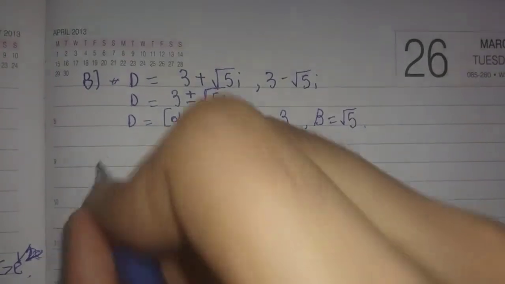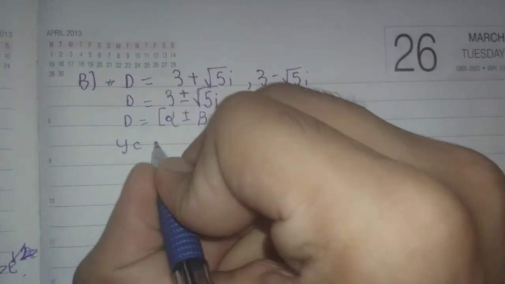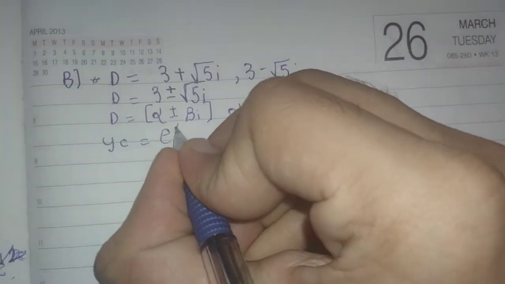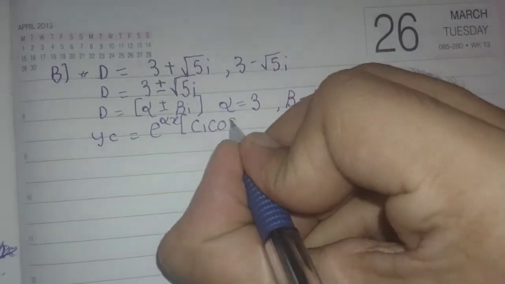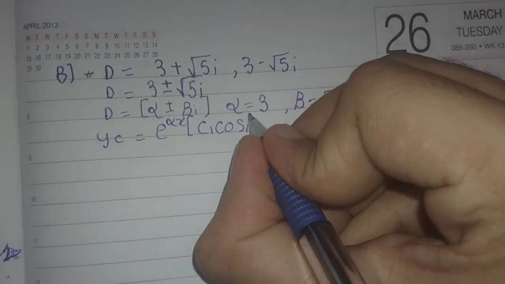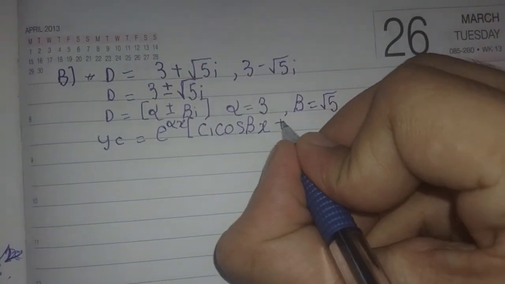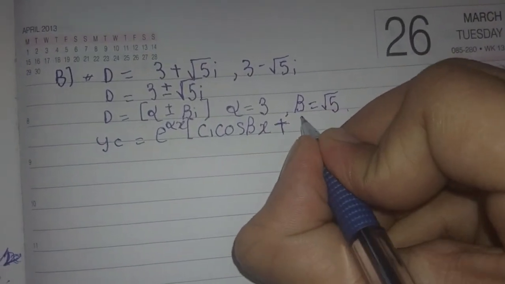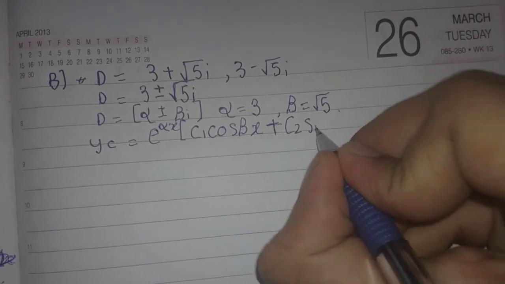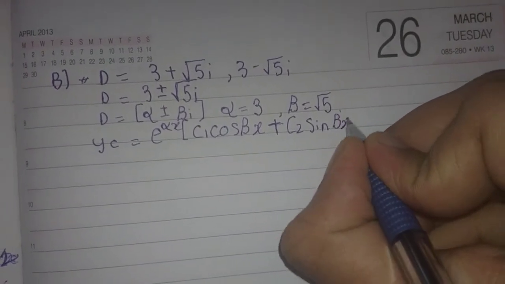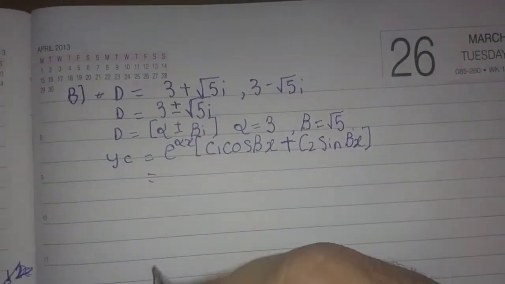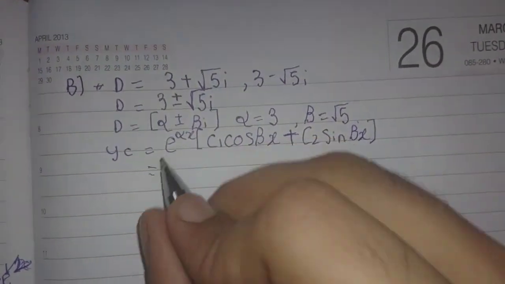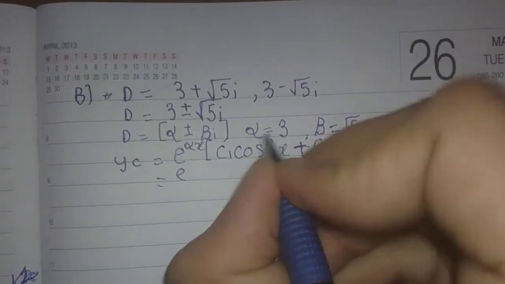We all know for imaginary factors the formula is y is equal to e raised to alpha x, c1 cos beta x plus c2 sin beta x. Putting the values in their respective places, e raised to alpha, what is the value of alpha?